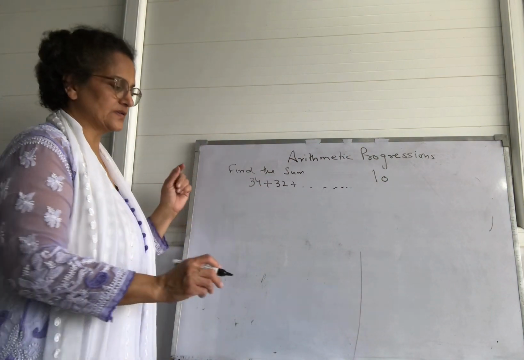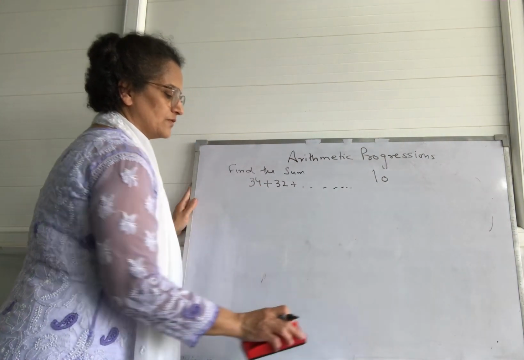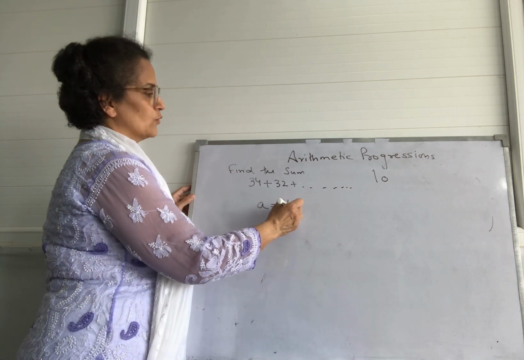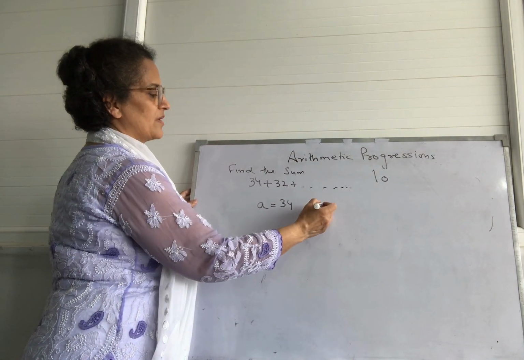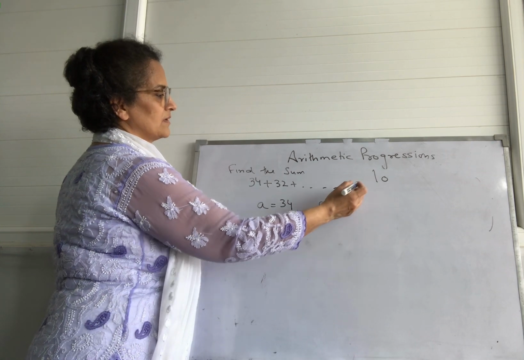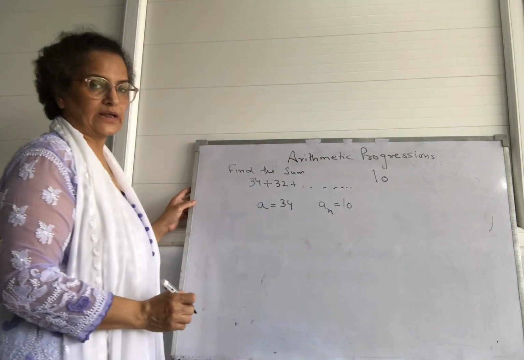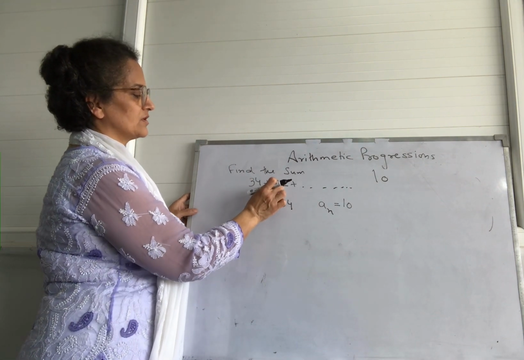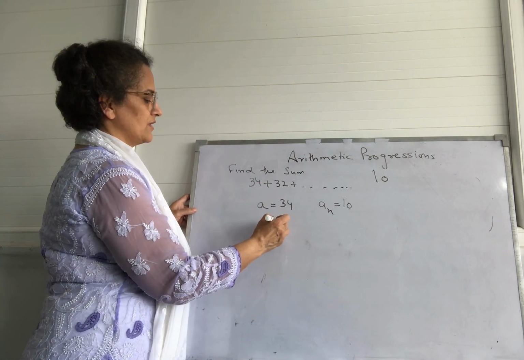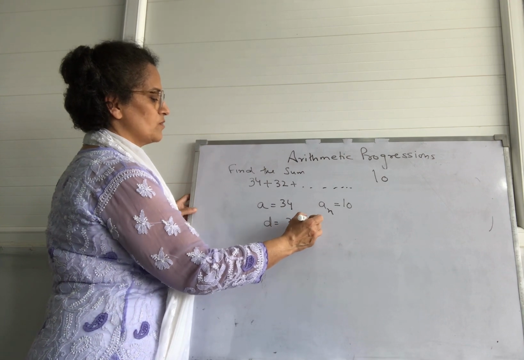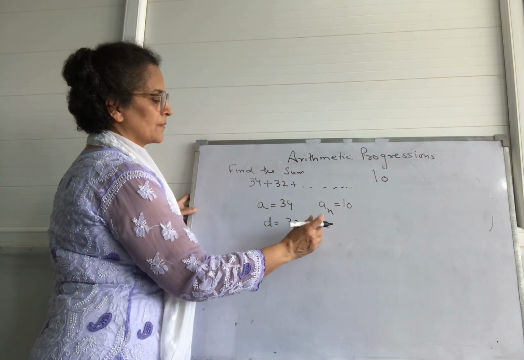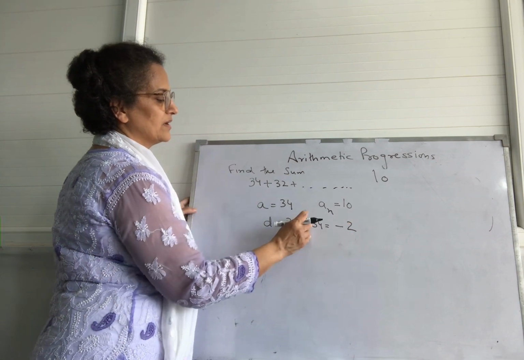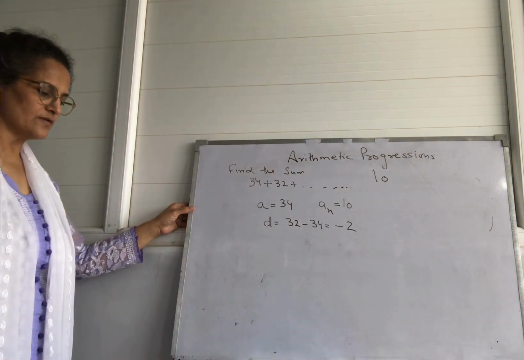A, the first term. So note down the first term, that is 34, and I have my last term, that is 10. Now I can find D from these two terms given. So D will be 32 minus 34. 34 minus 32 gives me 2, and the bigger is 34, so we get a negative sign.